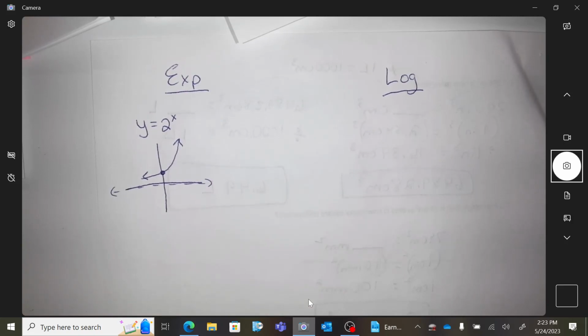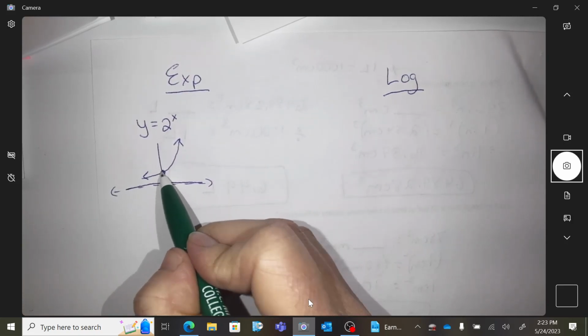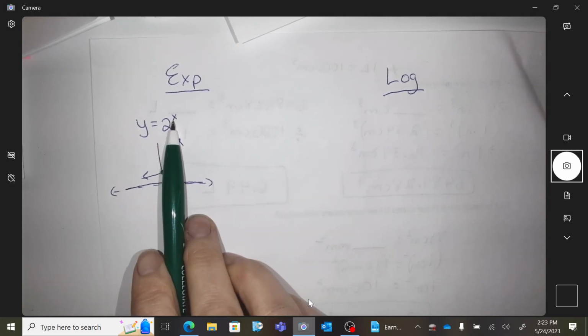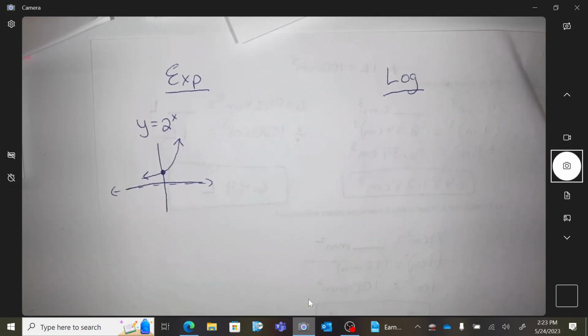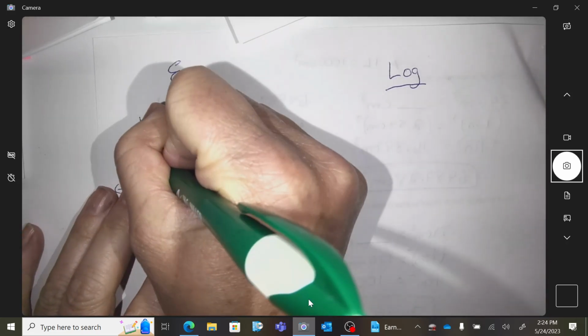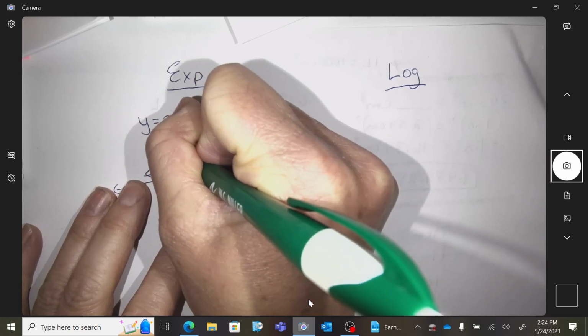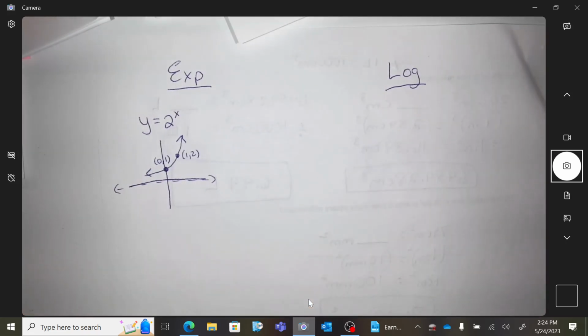Like that being a height of 2? This is the coordinate 0, 1. Okay. Because the exponent 0 makes a result 1. So x is just 0. 0, comma 1, 1, comma 2. Okay.